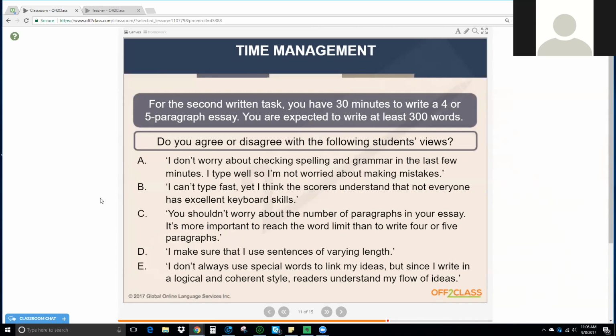Okay, next one. Do you agree or disagree with the following students' views? I can't type fast, yet I think the scorers understand that not everyone has excellent keyboard skills. They might understand it, but that doesn't mean they're going to give you any benefit or any handicap for that. That is not something they can take into consideration.